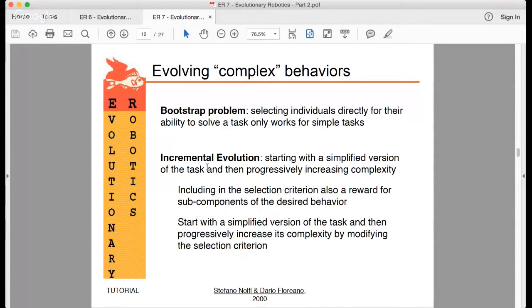Incremental evolution: starting with a simplified version of the task and then progressively increasing complexity, including in the selection criterion also a reward for subcomponents of the desired behavior. You can always start with a simplified version of the task and then progressively increase its complexity by modifying the selection criterion.